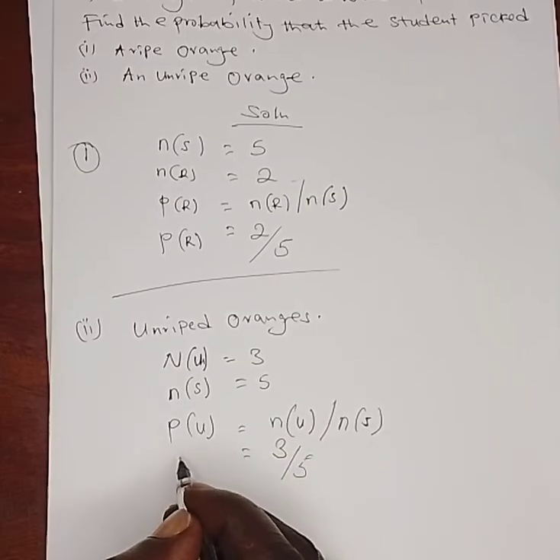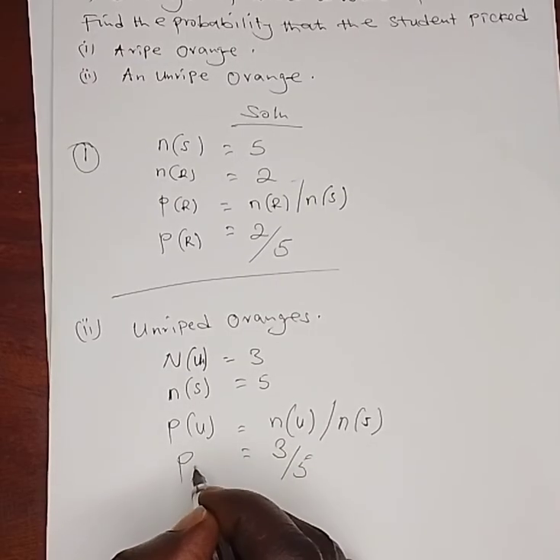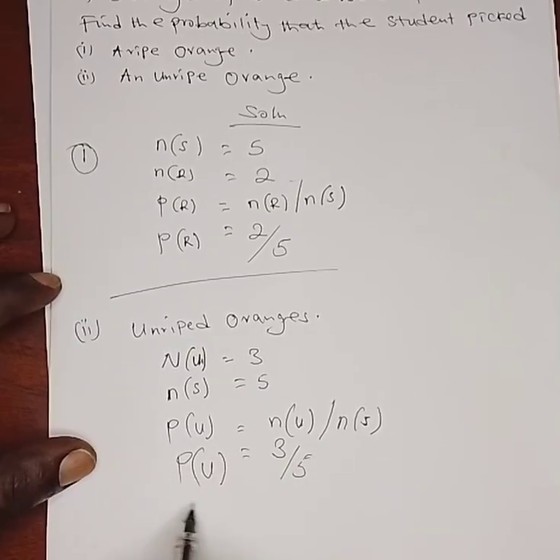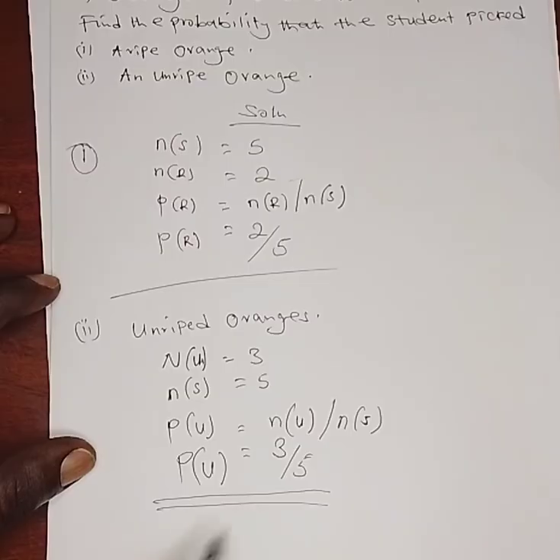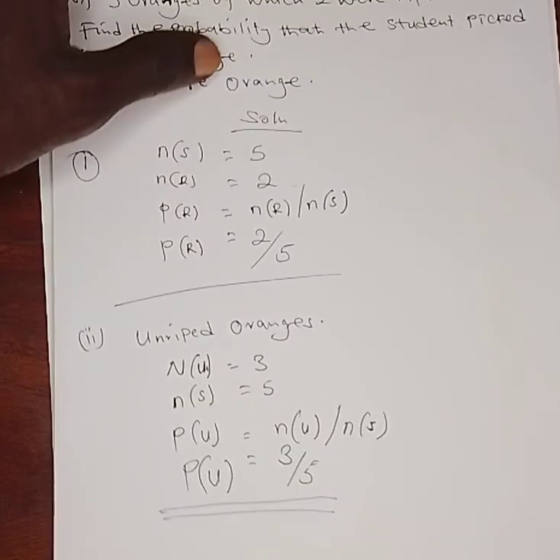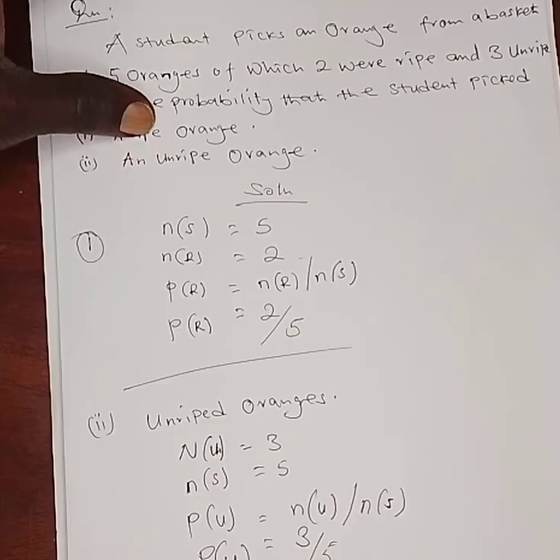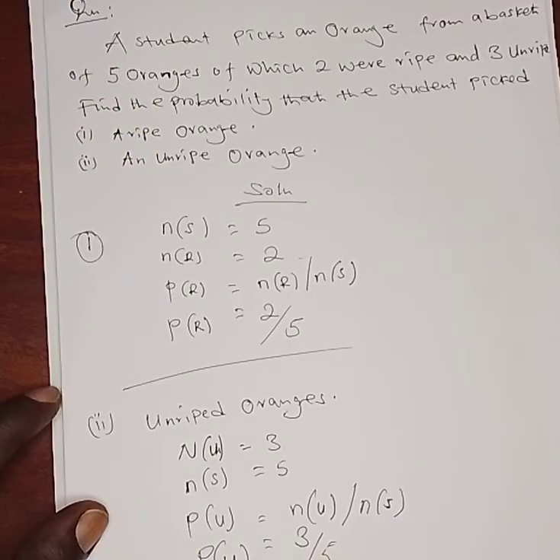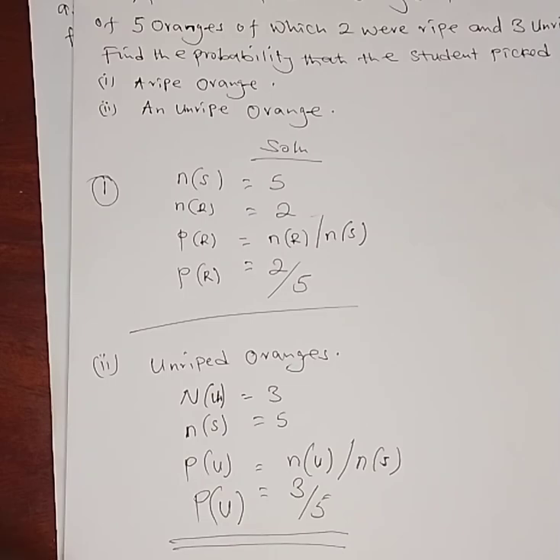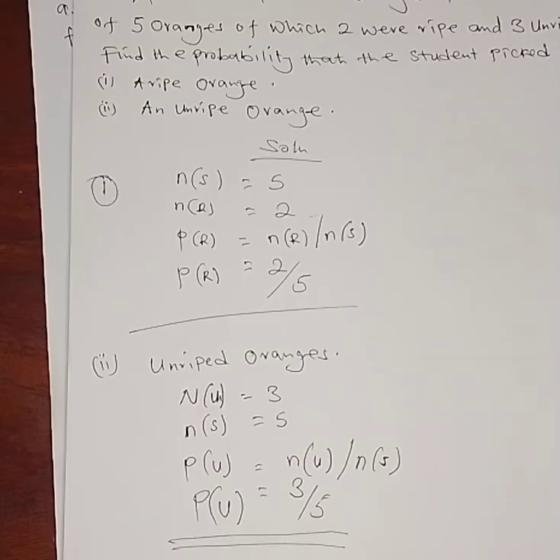And that marks off your probability of picking an unripe orange. That's how you work out this type of question. So you find that the probability of picking a ripe orange is 2 out of 5, and the probability of picking an unripe orange is 3 out of 5.